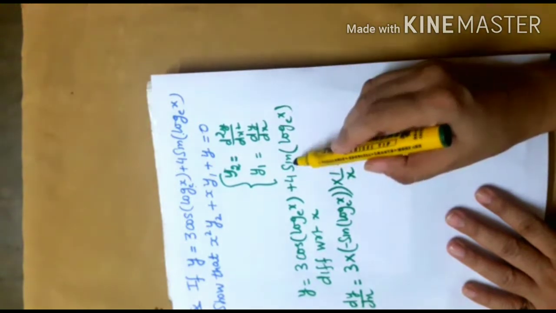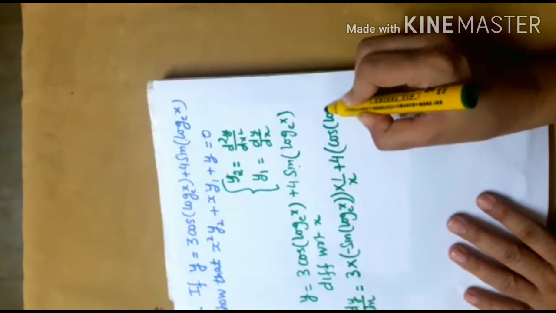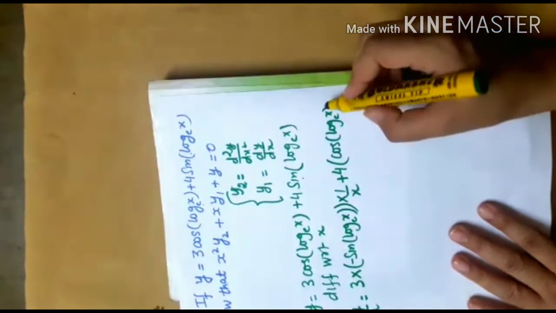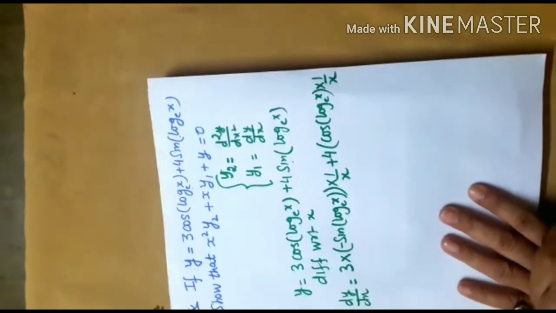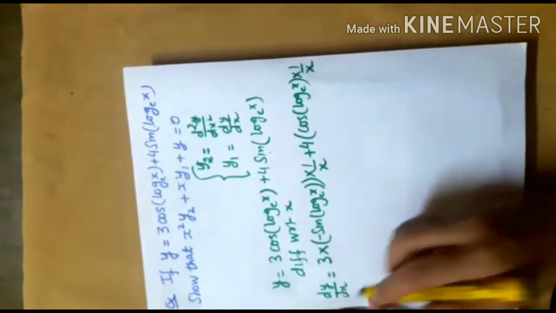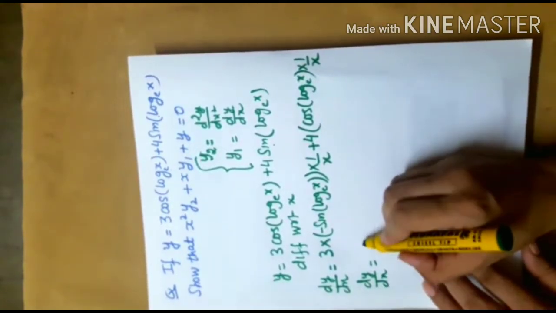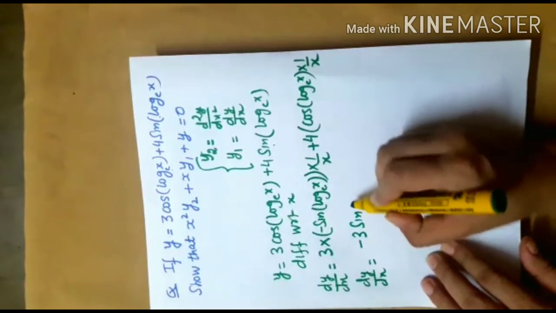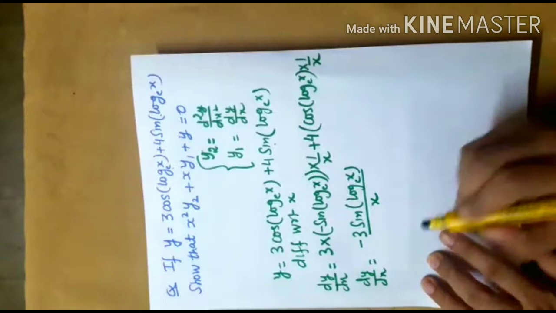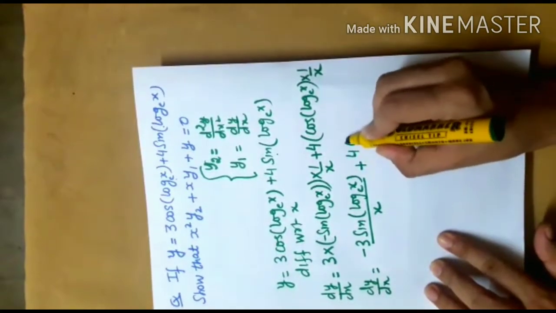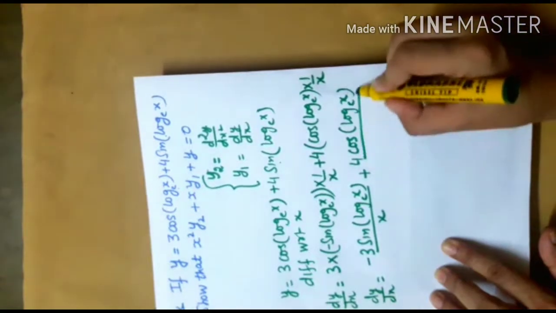Outer function is cosine function, so derivative will be minus sine log x into derivative of inside function, which is 1 by x. So dy by dx is equal to minus 3 sine log x over x plus 4 cos log x over x.